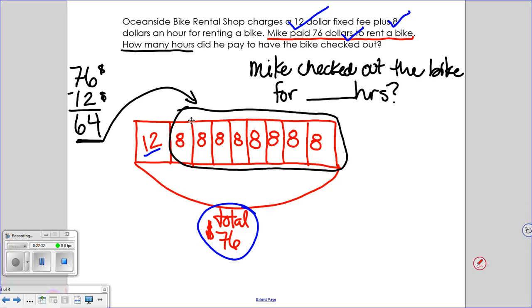What could I do to make sure everything inside my bar equals my total? Ashley, what do you think I could do? What operation am I going to use to make sure all my math in this bar is equal to my total? What am I going to times it by?